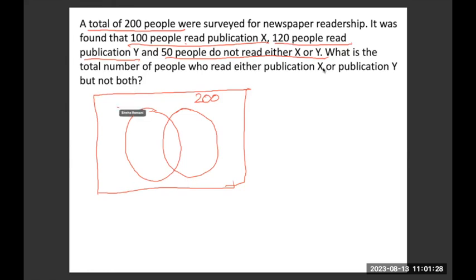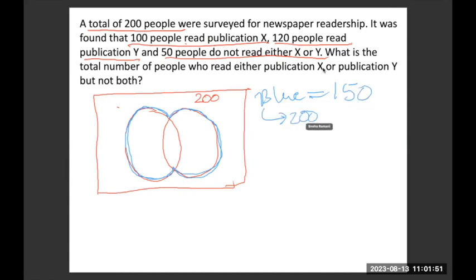So, one second, I'll just make another form here. So this blue boundary that you see here will house a total of 150 people. Why?